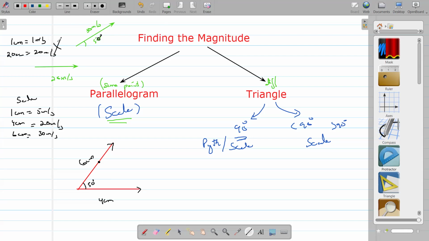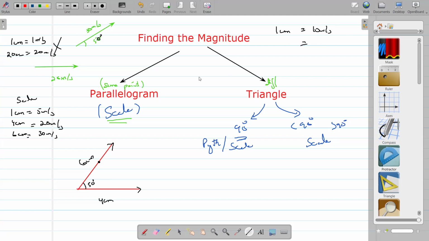So even 12 or 13 is fine, but not 20 centimeters. Select a suitable scale which can easily be sketched on the paper. In the same way, you cannot reduce the scale too much. If a student selects 1 centimeter equals 10 meters per second, then 20 meters per second will be 2 centimeters, which is a very short length, so it will not be suitable.